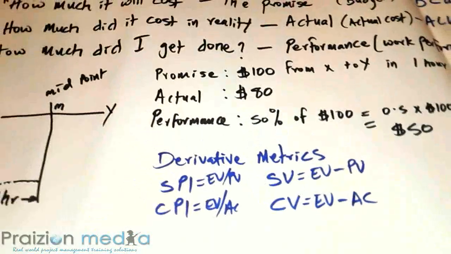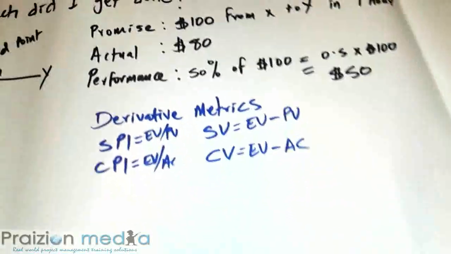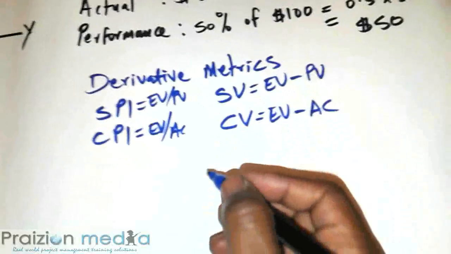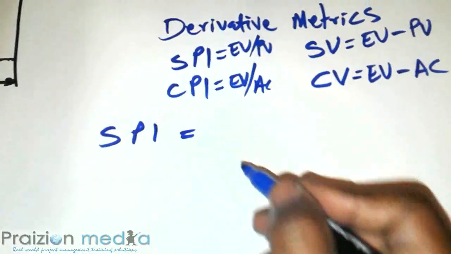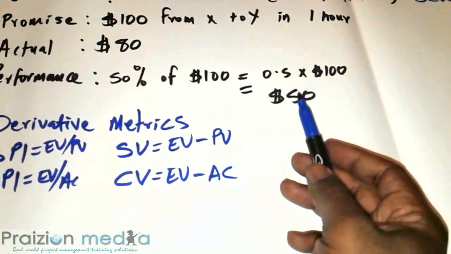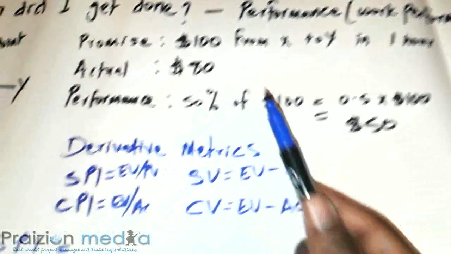So, a very quick computation to find out what our derivative metrics are in this example. For the SPI, that will be equal to the earned value of 50 divided by the planned value of 100.